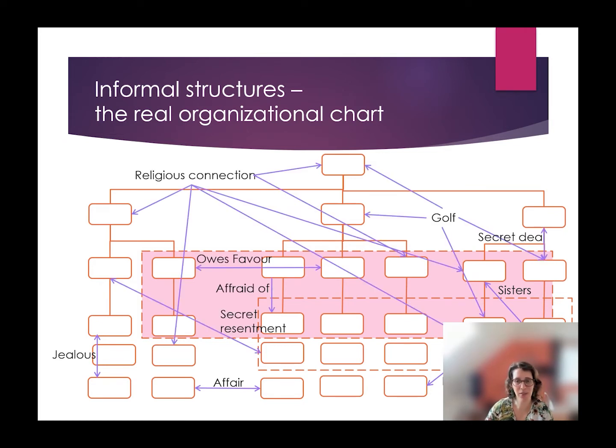And there can be tons of different kinds of connections that are somehow forming relationships between the different people. So it's on the one hand personal, but it's also professional. Of course here I mentioned very personal examples, but it could also be professional, that they have the same interests in mind, for example, or they have the same understanding of how to bring the company forward.